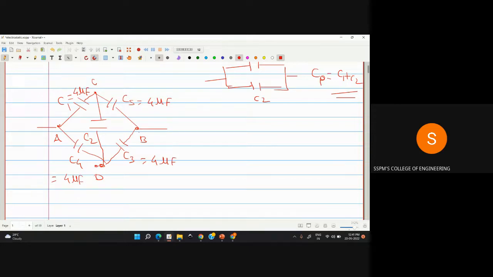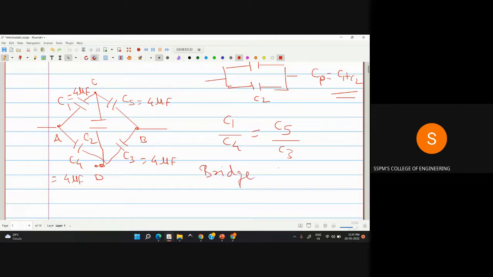And you studied the concept of bridge circuit. The bridge circuit तुम्हाला माहित आहे. When bridge circuit is balanced, when C1 divided by C4 is equal to C5 divided by C3, then bridge is balanced bridge.